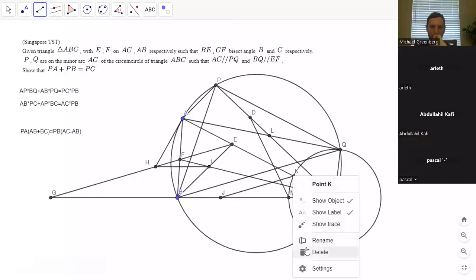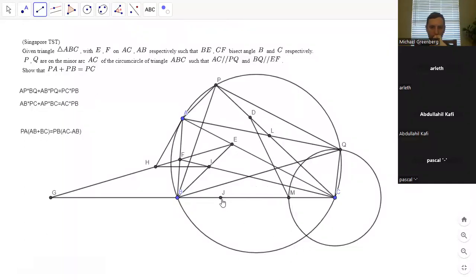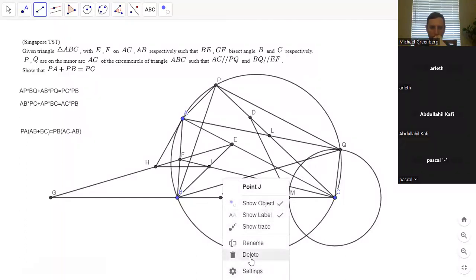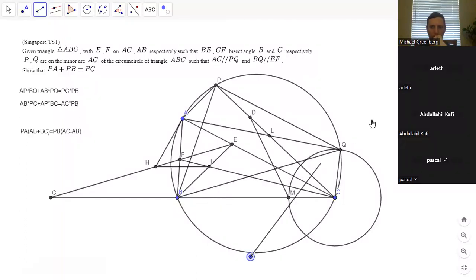We'll delete K and L, K and J. Is that right? No, not CMD. Sorry, it would be this.